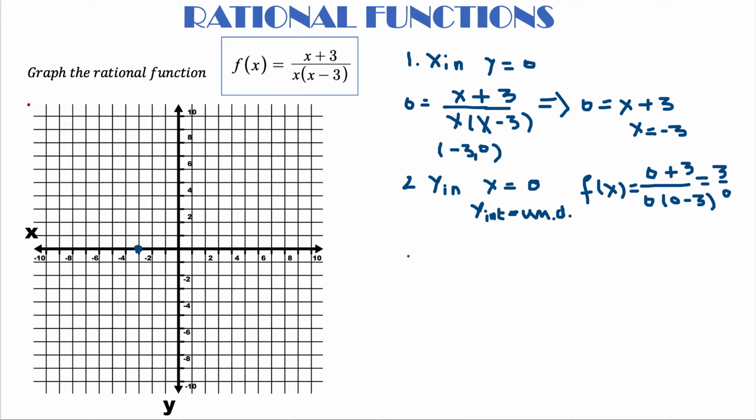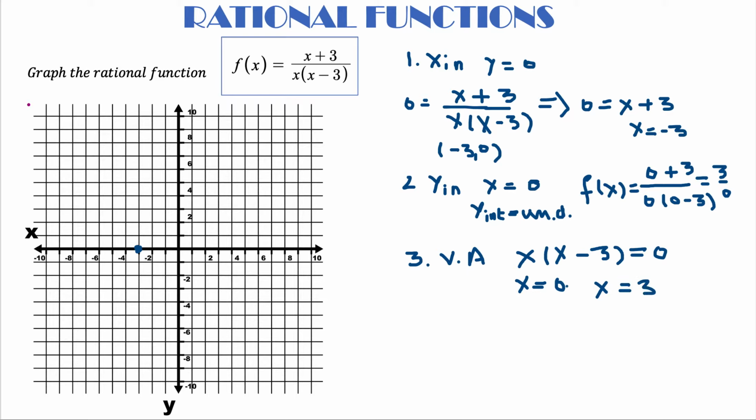So what we are going to have next, we are looking for the vertical asymptotes. If we are looking for vertical asymptotes, we take the denominator, and the denominator x times x minus 3 is equal to 0. So we already see here x is going to be equal to 0 and x is going to be equal to 3.